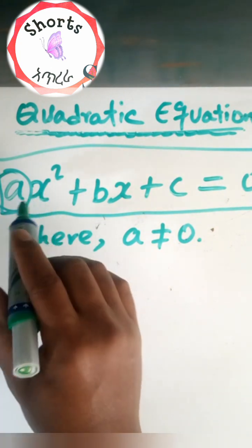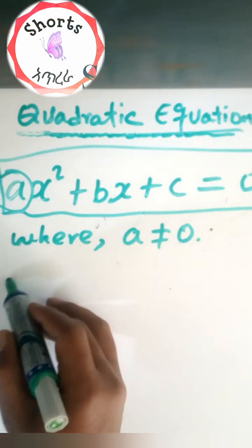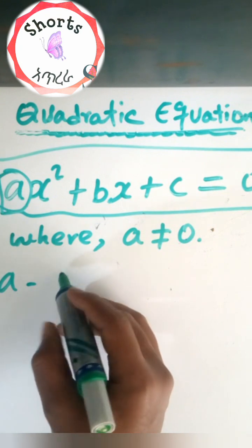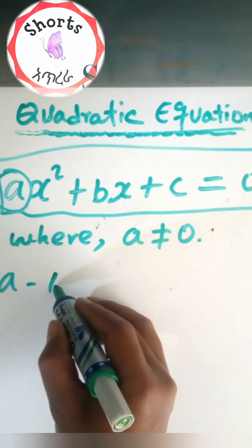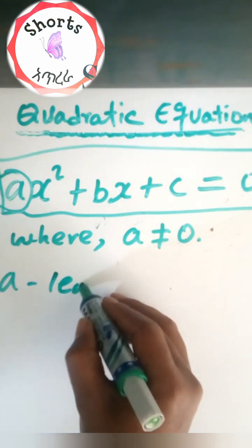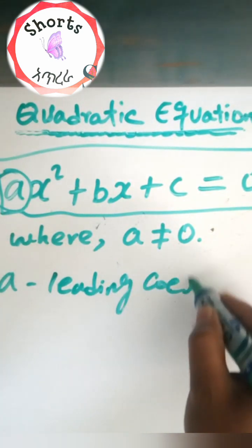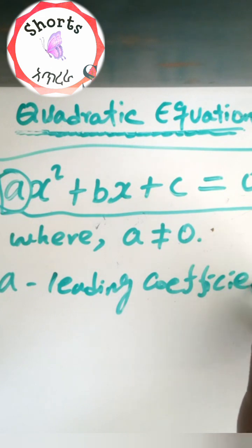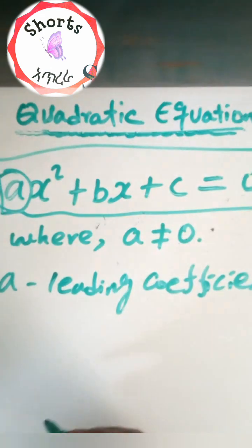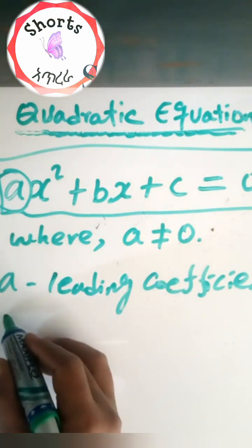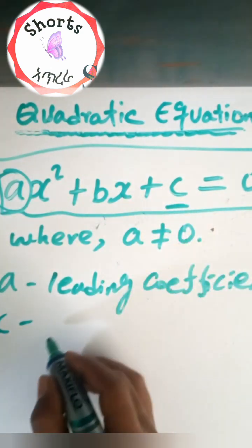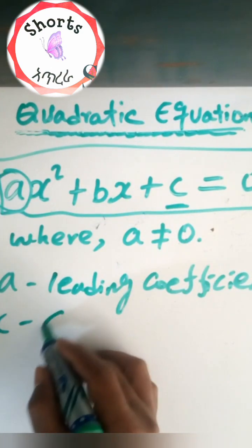We name the coefficient a the leading coefficient, while this term c is called the constant term.